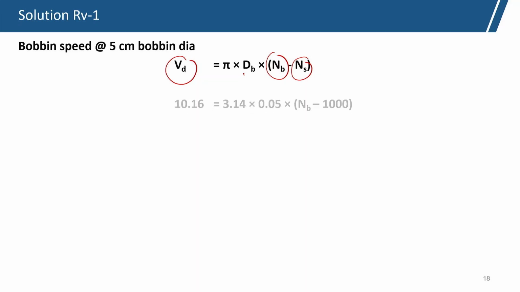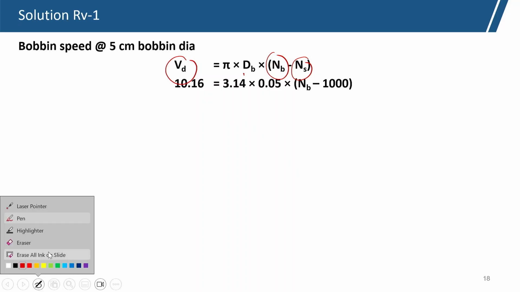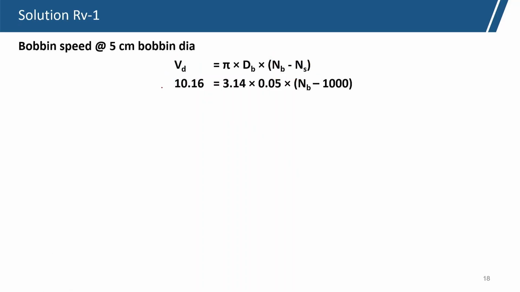So, 10.16 meter per minute we have calculated, and pi and 5 centimeter means 0.05 meter, and Nb we have to calculate, and flare speed or spindle speed is given 1000.